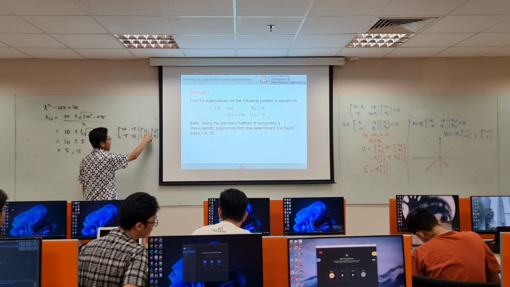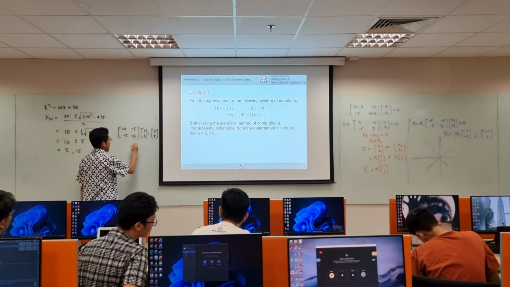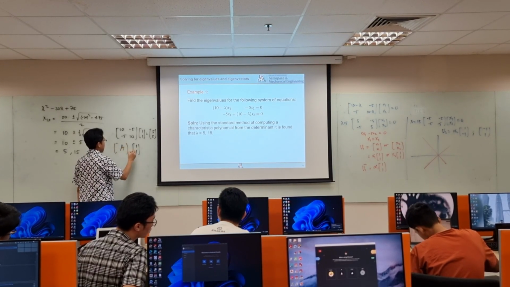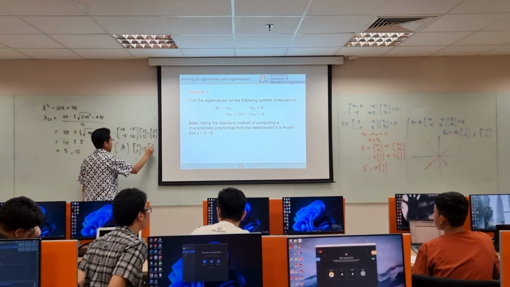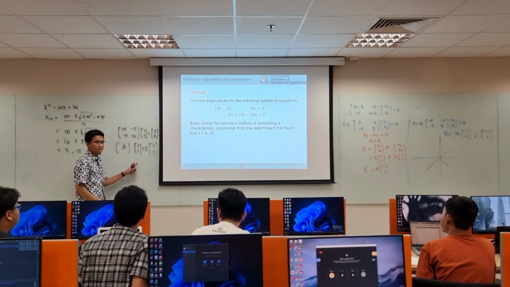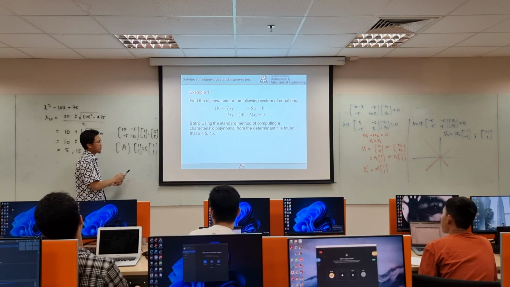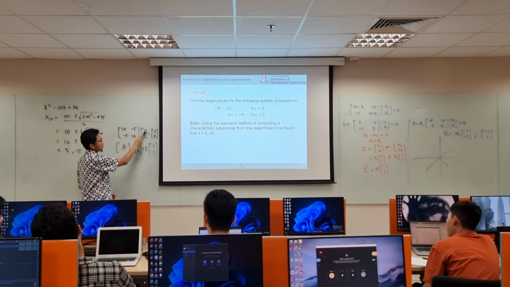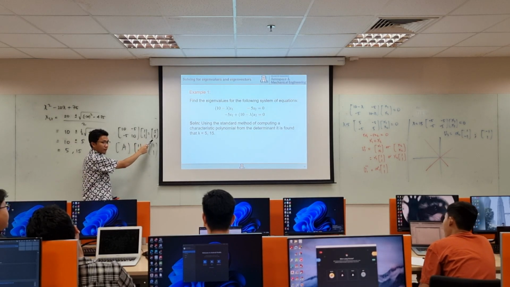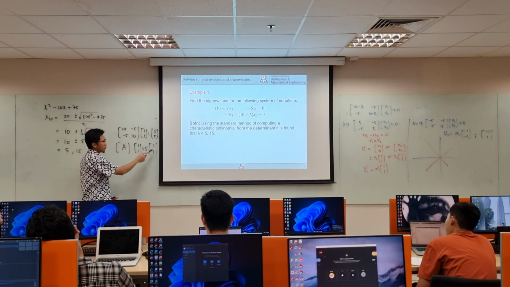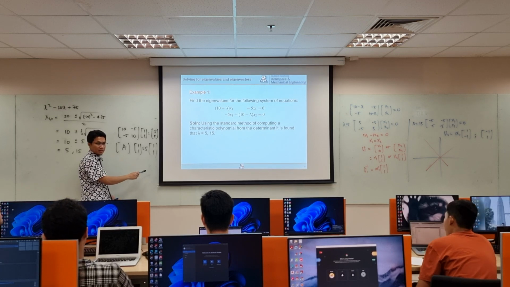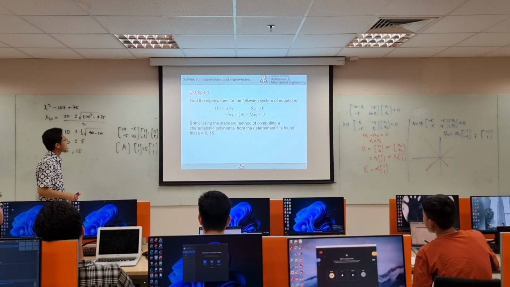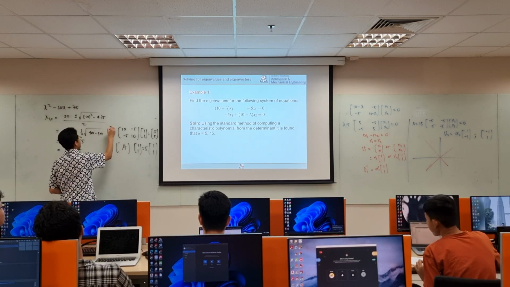So this is now 5 times 1 1, correct? This is correct. 5 is equal to 5 times 1 1. So we have 5 to be the eigenvalue. Okay, this is lambda equal to 5.